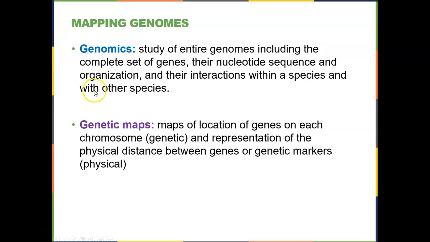We can then generate a genetic map. So we've talked about genetic maps. This is the location of the genes on every chromosome. So we can find out where all the genes are and notice their differences and how far apart they are from one another. We can also make use of genetic markers, things like single nucleotide polymorphisms.